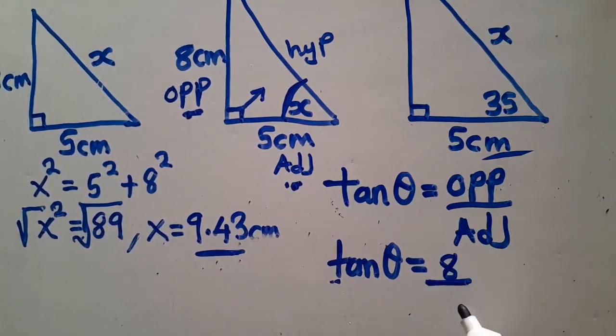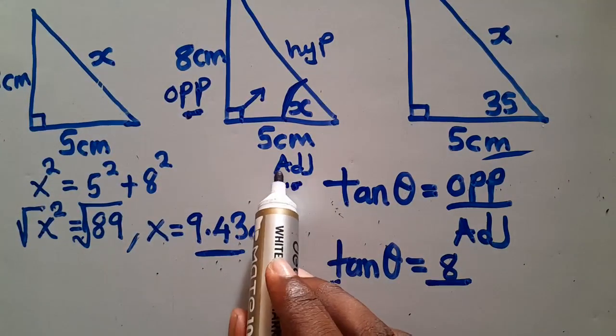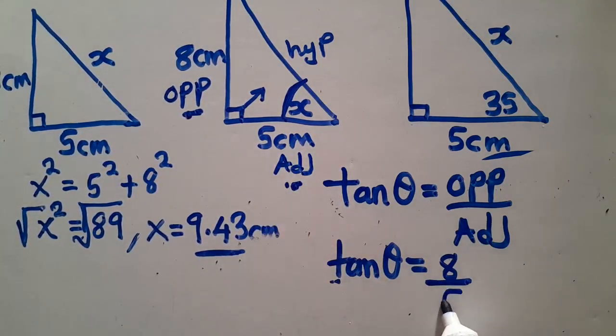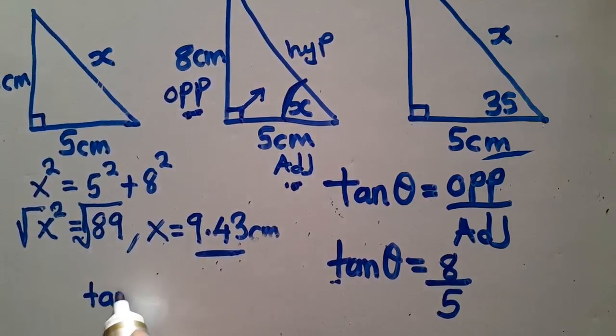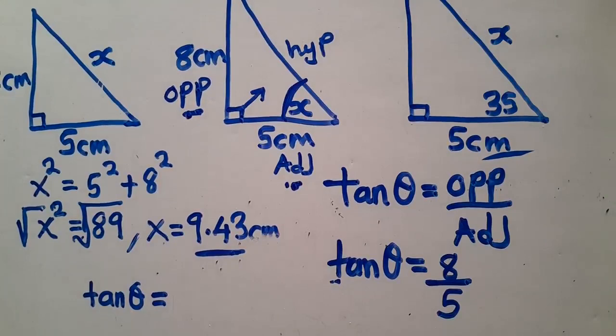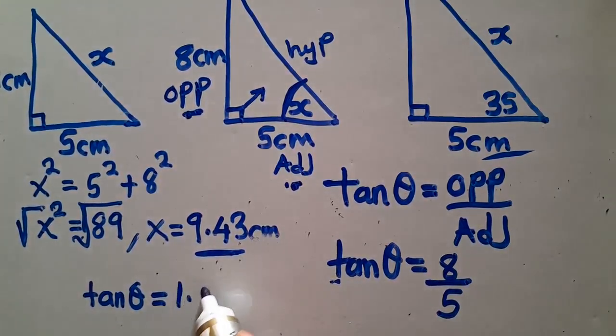Over, what is the adjacent? 5. So I'm going to write tan theta is equal to 8 over 5. What answer are you getting? You're getting 1.6.